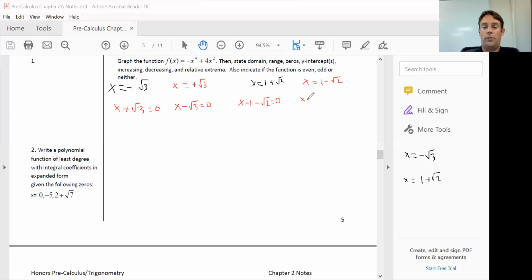And x minus 1 plus root 2 equals 0. So we're going to write it as a list of factors, as a product of factors, some people call this.